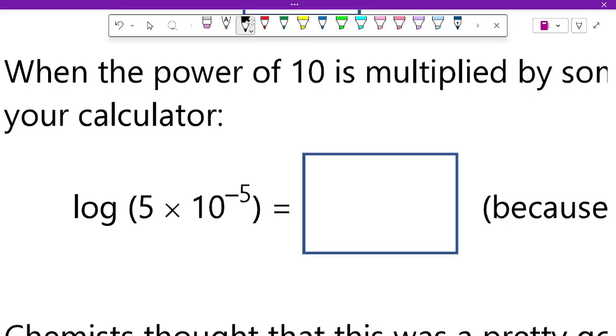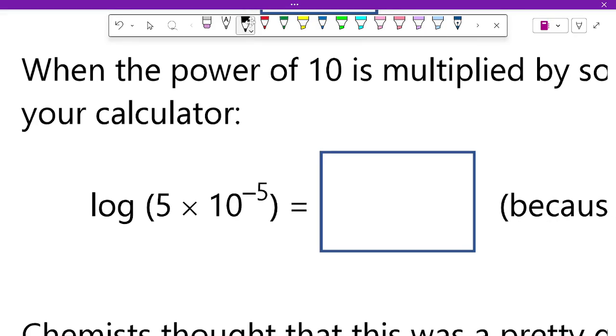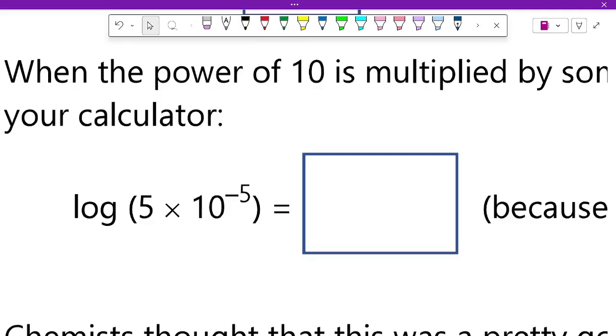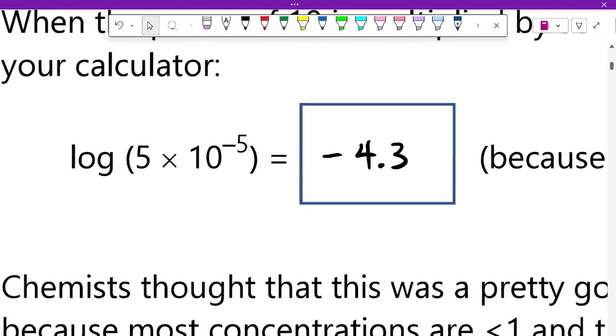What do we get? Negative 4.3. Okay. Now, do we have the correct number of sig figs there? Yes. 1 sig fig.